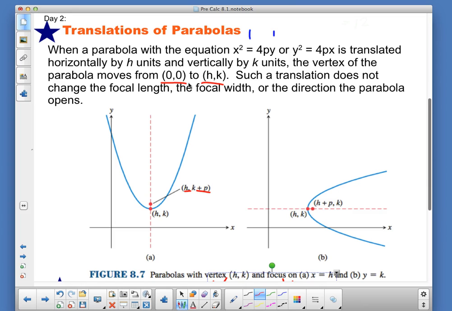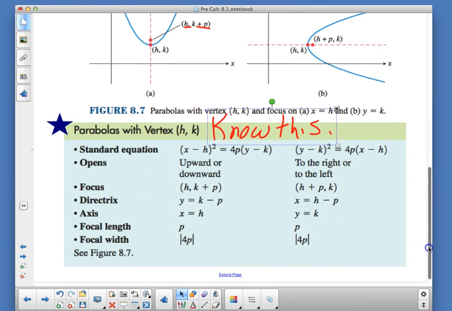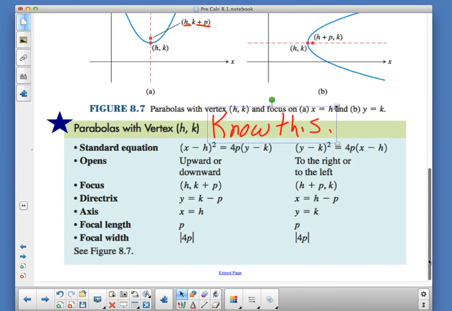So let's look at that specifically. The big things you really need to know are what's happening with the standard equation, which way it opens, and the difference between focus, directrix, axis, and focal length.